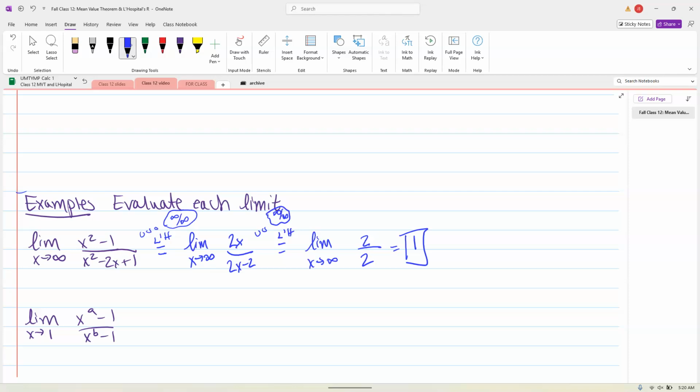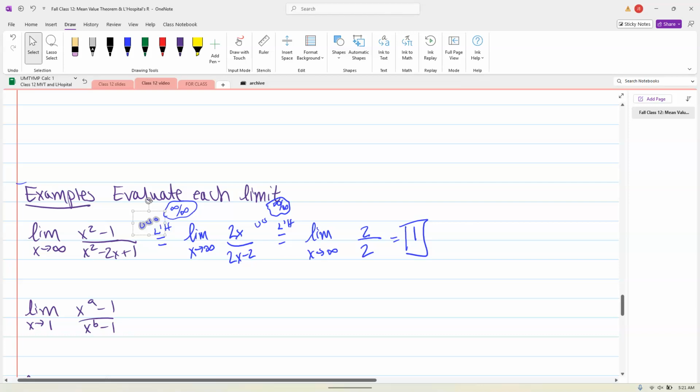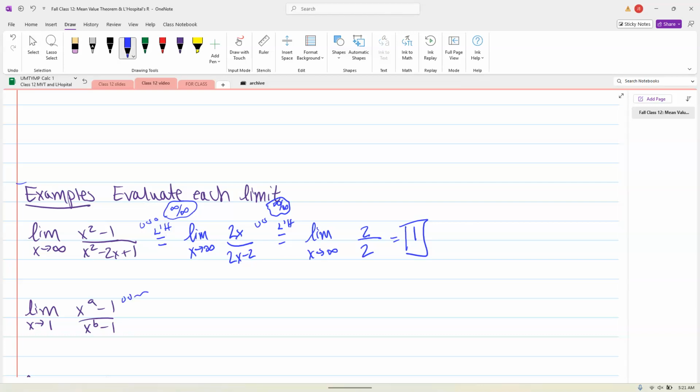All right, and one more example here, and then we're going to cut to a different video. So the limit as x approaches 1 of this. If I naively do that substitution, right, if I put in 1, I get 0 in the numerator, 0 in the denominator. Okay, then let's use L'Hopital's rule.